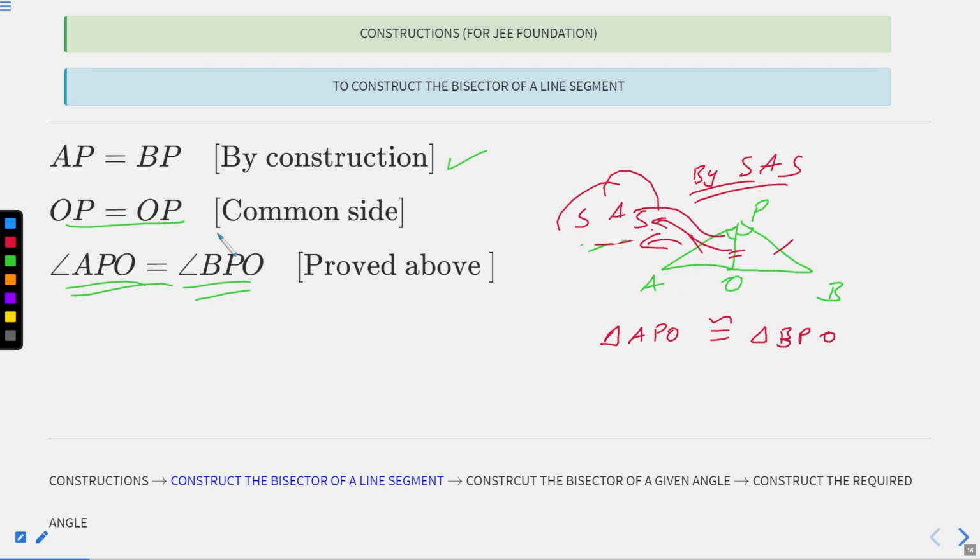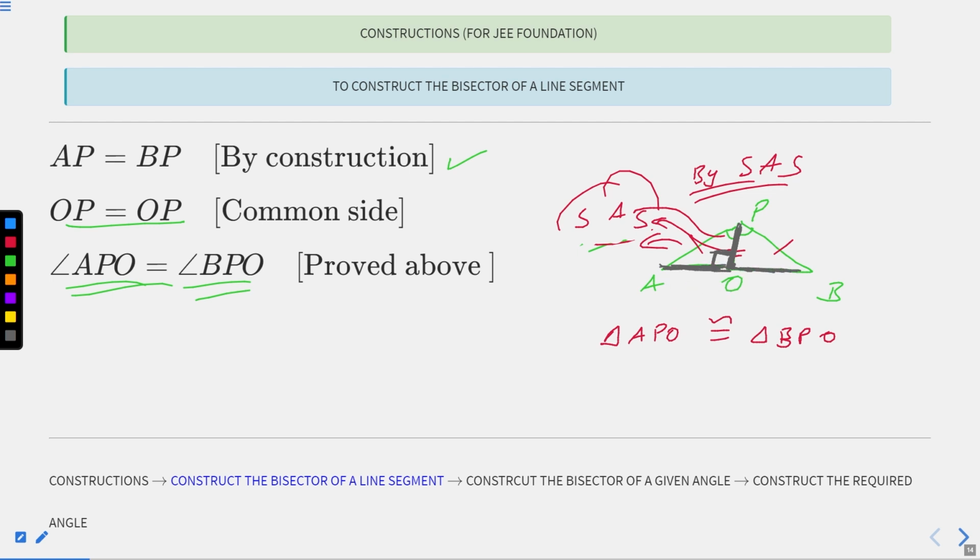So by corresponding parts of congruent triangles, we can easily say that the angle made by these two sides, P and AO, is equal to the corresponding angle made by the corresponding sides of the other triangle. PO is already common, so the corresponding side to AO is OB.